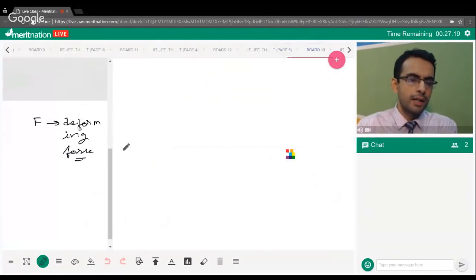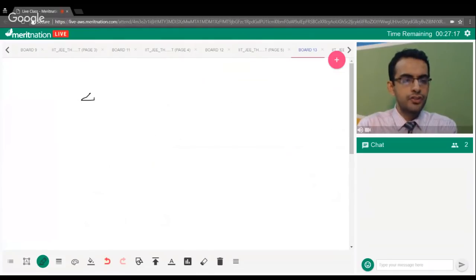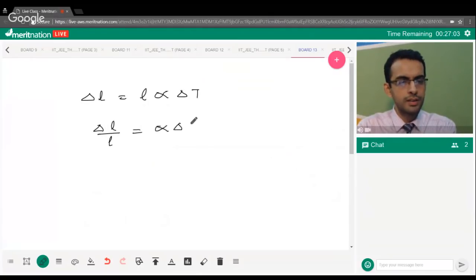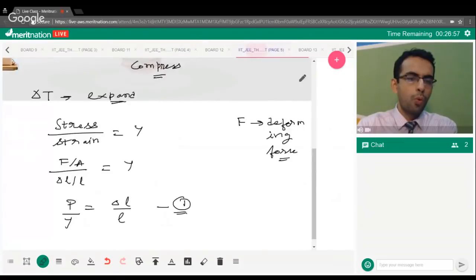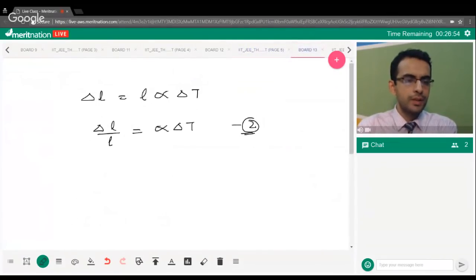Again, we know that change in length when the temperature is increased by delta T is given as L into alpha into delta T. So delta L over L is equal to alpha into delta T. Let's take this as equation number 2. From the two equations, we can say delta L over L is equal to P over Y, and that's equal to alpha into delta T.